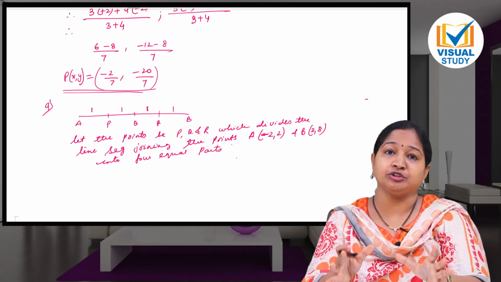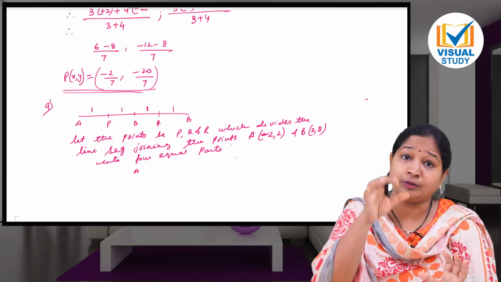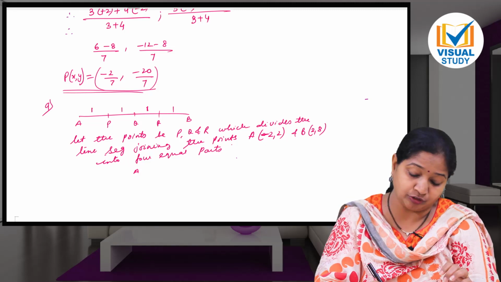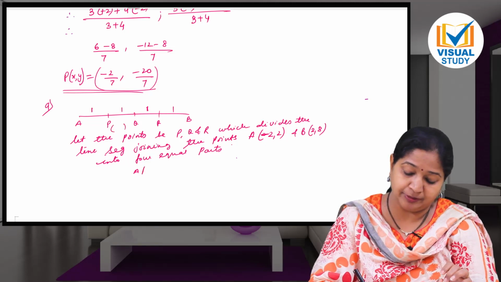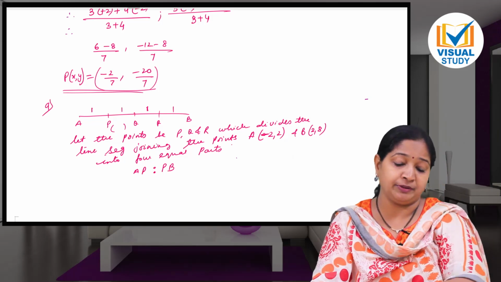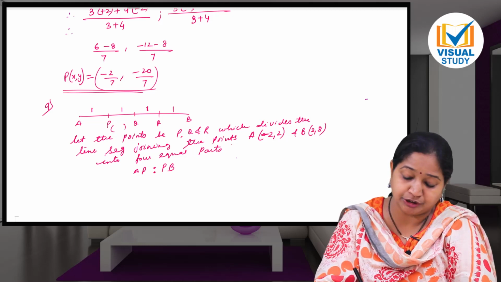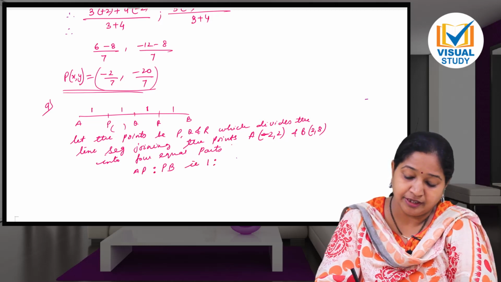Now what will be your ratio? First, to find out the point P, your ratio will be AP is to PB. Again use the section formula. Now what will be the ratio? That is 1 is to 3.